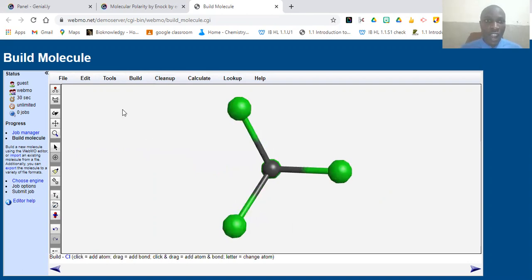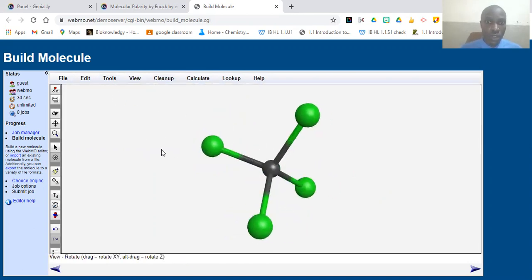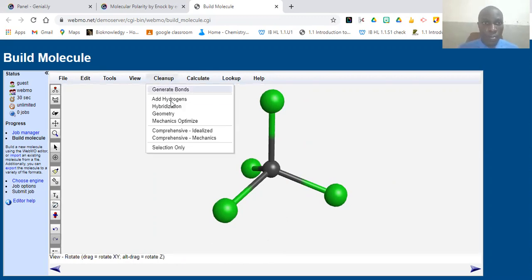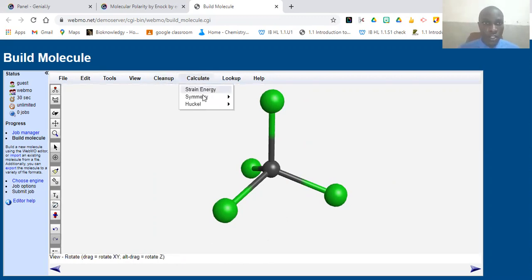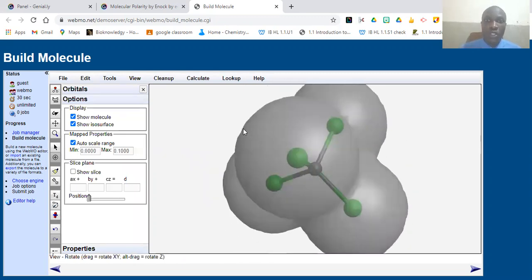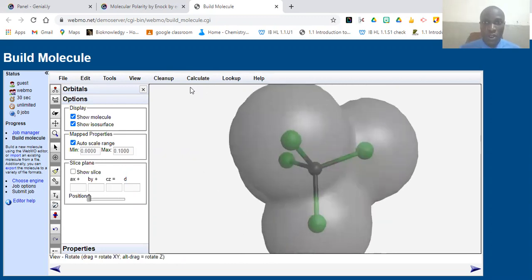So that is the idealized structure, which is a tetrahedral structure. However, let's look at how the electron density is distributed, and see whether the molecule itself is symmetrical. Just look. The distribution of the electron density is uniform.